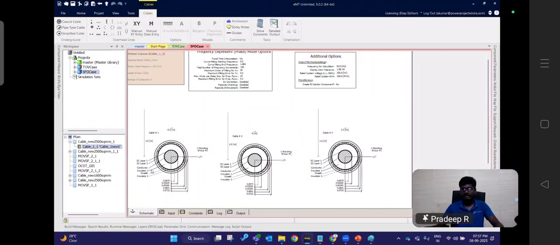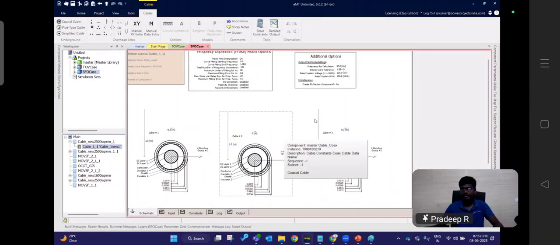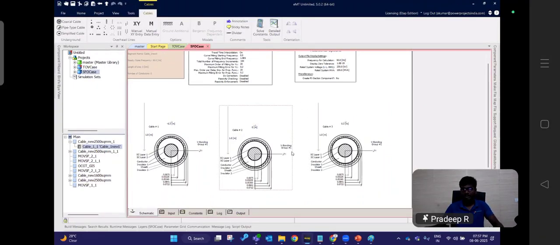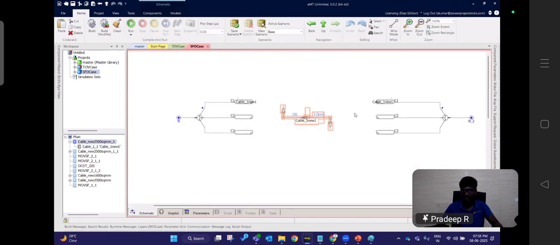With the help of the cable datasheet and cable configuration, we will be modeling the entire cable similarly to what is present in real time. Why? Because we have to observe the frequency dependence. So this model is known as the frequency dependent model, where we model the cable in detail.